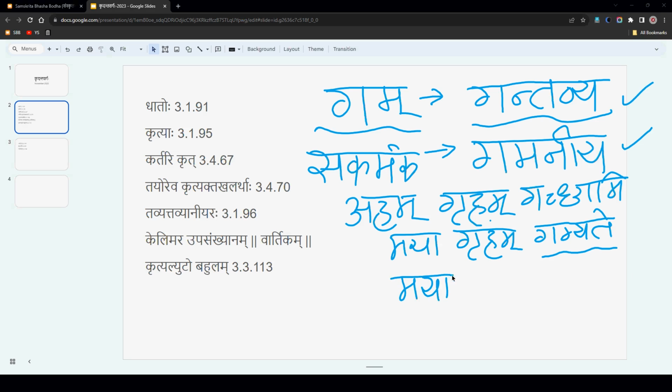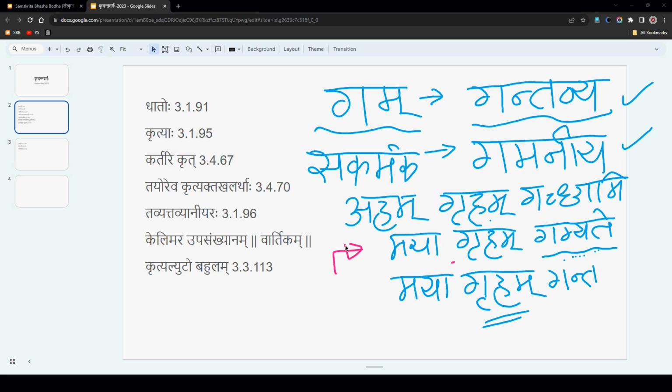Maya graham, so what will this become now? Maya graham gantavya. Graham. Note that in the karmani prayoga, the kriyapadam follows what?